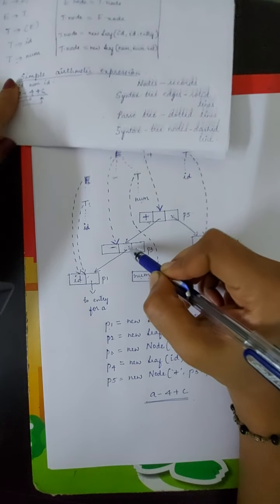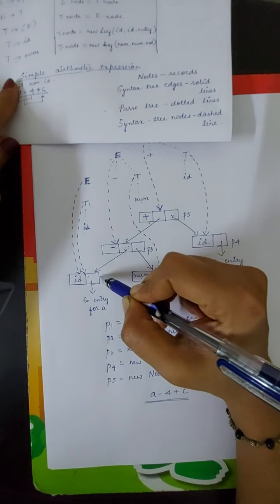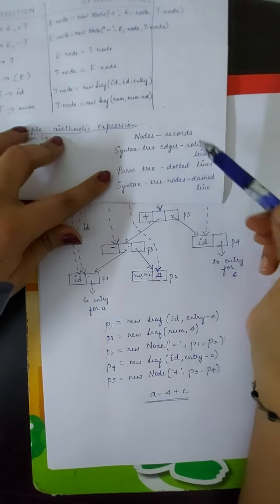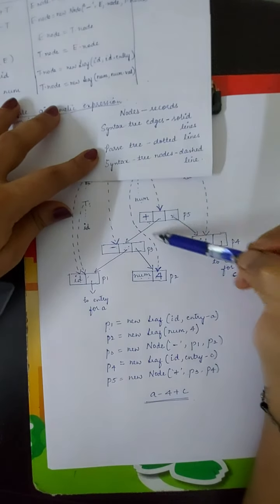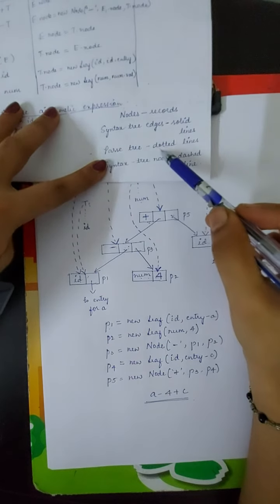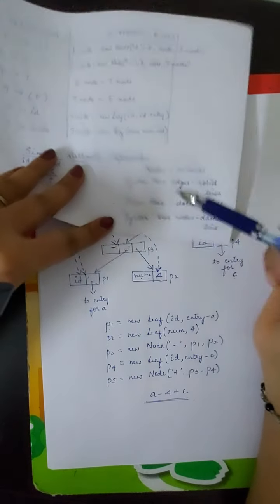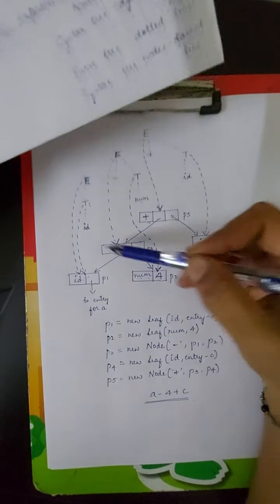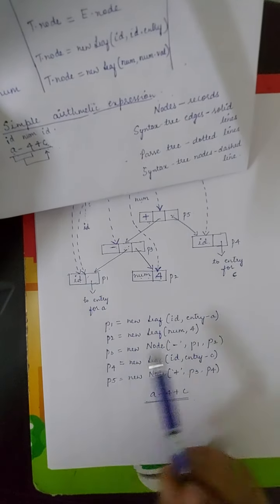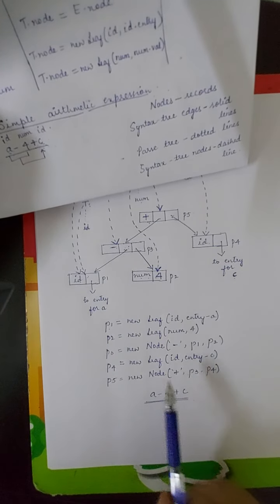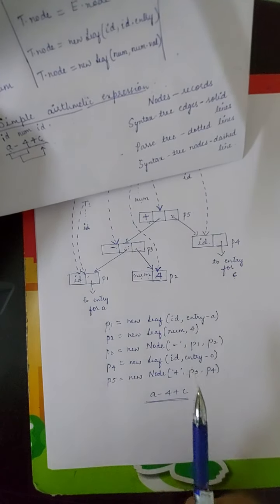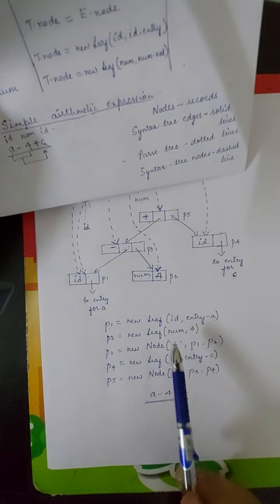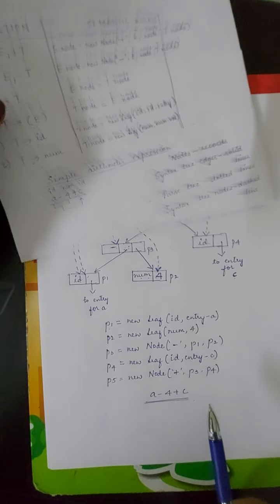It might have a pointer over here which is pointing to the additional field that is there for its child. Second thing is syntax tree edges. The parse tree is represented in the form of dotted lines, whereas the syntax tree is represented in the form of dashed lines. Okay, using this we need to write the nodes. How the steps are represented for construction of this syntax tree, that also you need to write. So I hope it is clear. Thank you.